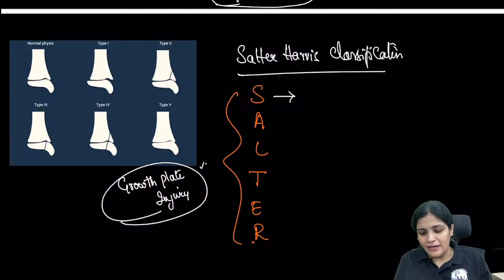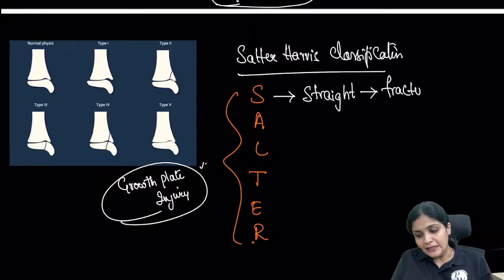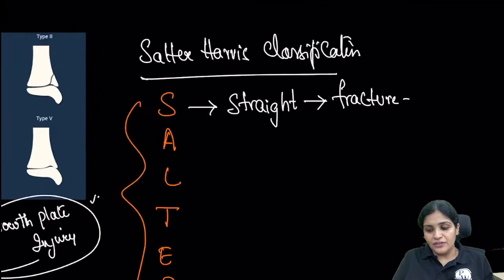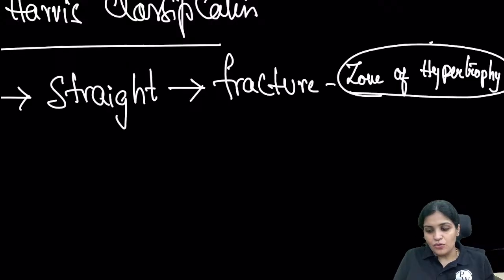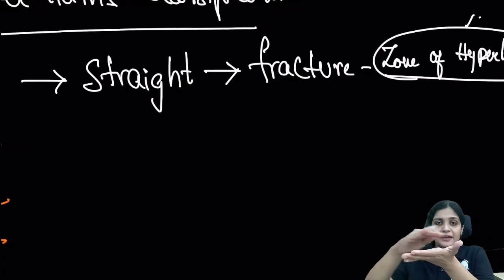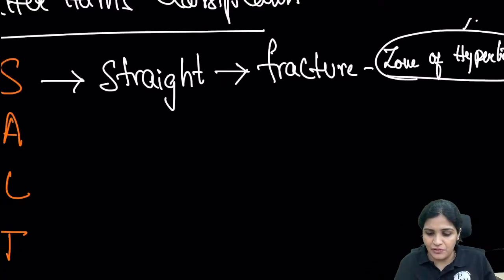So first one is straight. S for straight. That means there is a fracture which is occurring through which part of the growth plate? Which one is the weakest area in the growth plate? Zone of hypertrophy, right? Yeah, zone of hypertrophy is the weakest area. So there will be a fracture occurring right across the zone of hypertrophy, which is straight.